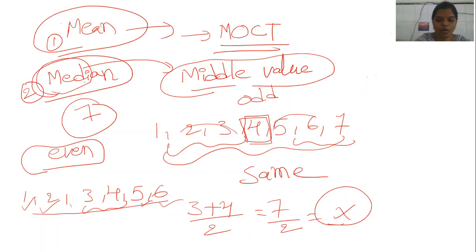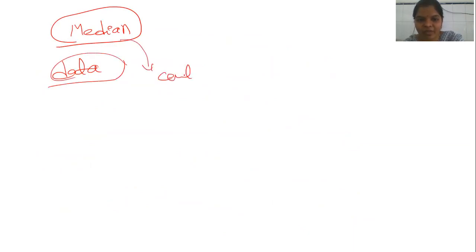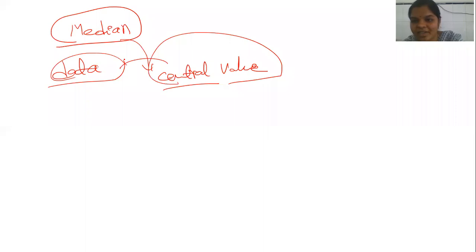Okay, so you all should remember while reading about the median: firstly, the median represents the central value. The first thing is that the median will be the central value present in the data.